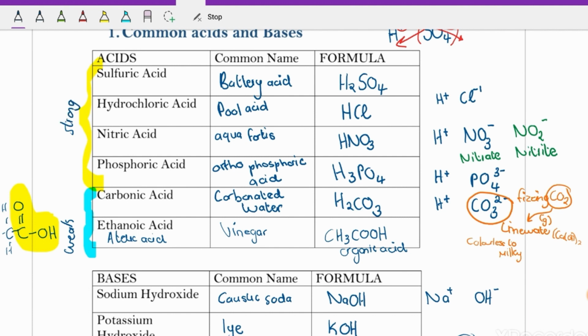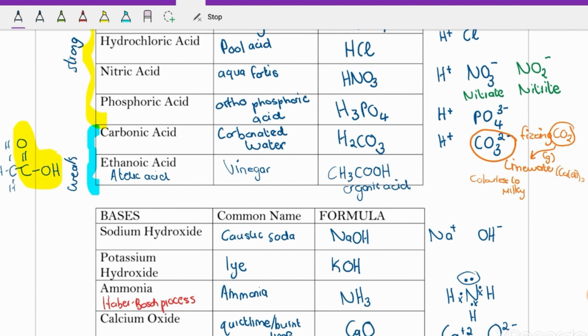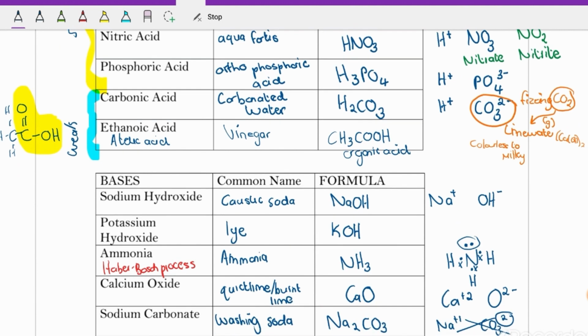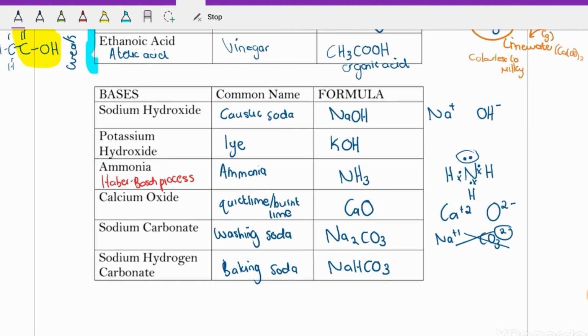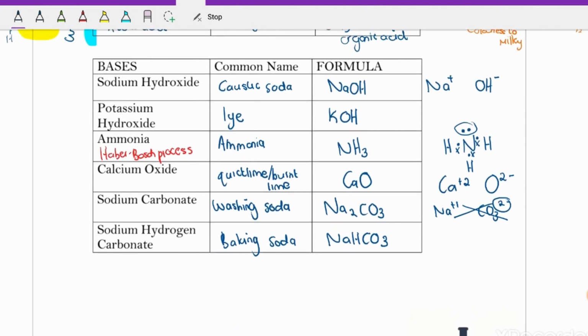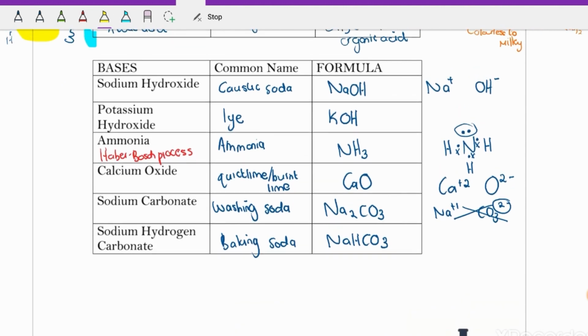Weak acids ionize incompletely, therefore there's not a lot of hydronium ions in solution, and therefore the pH is not as low. Then for your bases, sodium hydroxide, potassium hydroxide, and ammonia is mostly seen as your strong bases, whereas your calcium oxide, sodium carbonate, and your baking soda would be seen as your weaker bases.